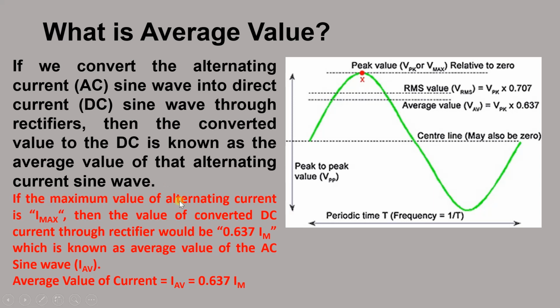If the maximum value of the alternating current is Im, then the value of the converted DC current through the rectifier would be 0.637 Im, which is known as the average value of the AC sine wave, and it is denoted by IAV. Average value of current IAV is equal to 0.637 Im. As shown in this figure, this shows the average value. It is equal to the peak value or the maximum value of the voltage into 0.637.